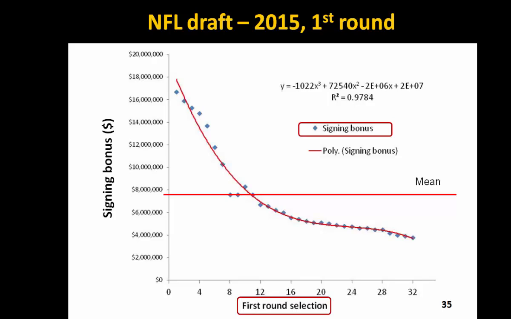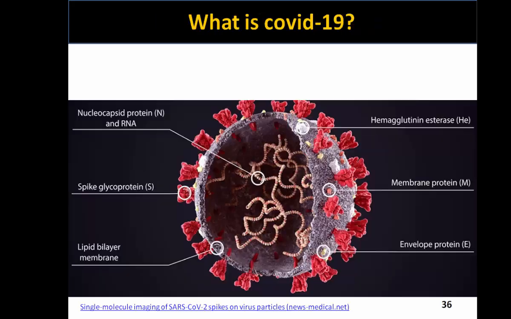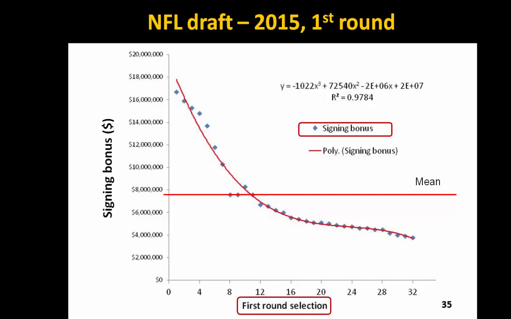So this equation very accurately models and predicts the first round signing bonus, at least in 2015. So this ends this video on some sports related examples of correlation and regression analysis.